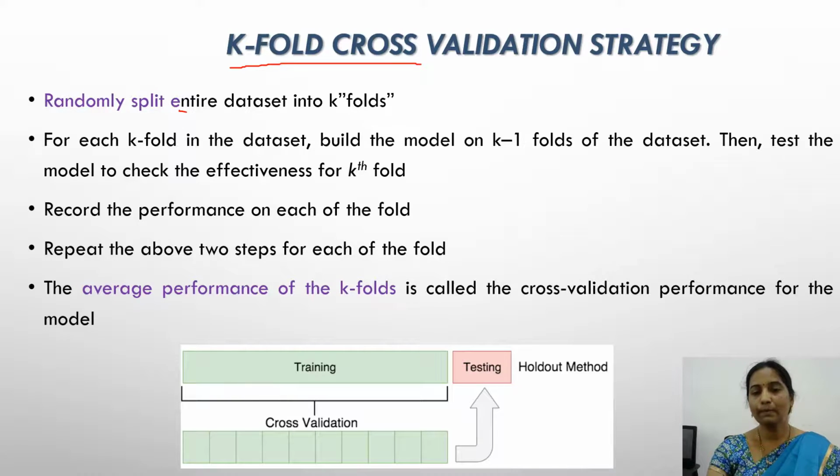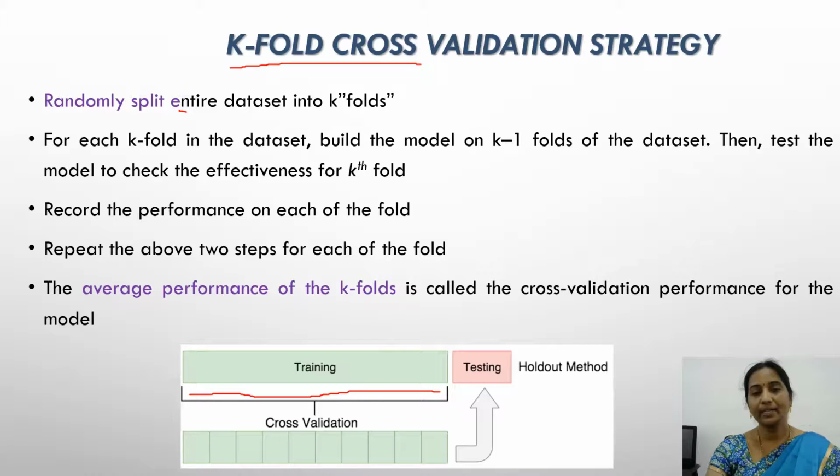Now one split of the data will act as the test data, or we can call it a holdout set. The remaining 9 portions, or K minus 1 portions, will become the training samples. The model is first trained on the K minus 1 splits, and on the kth split, the model is tested.